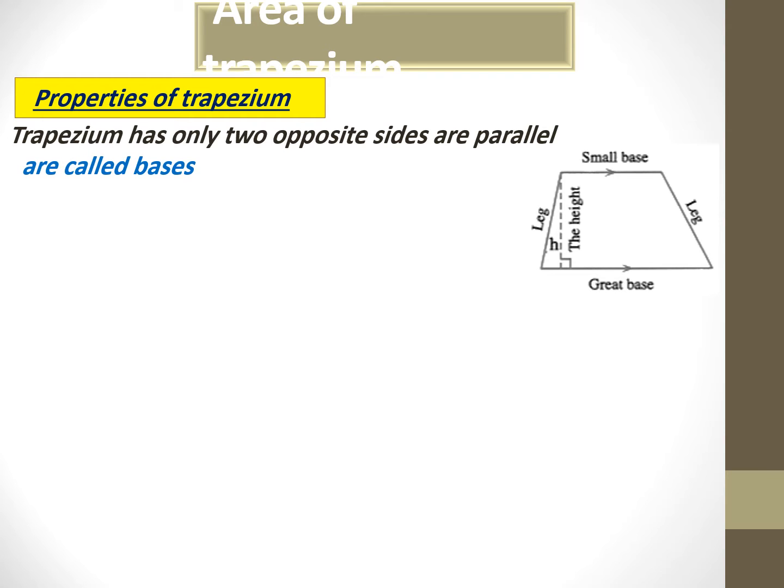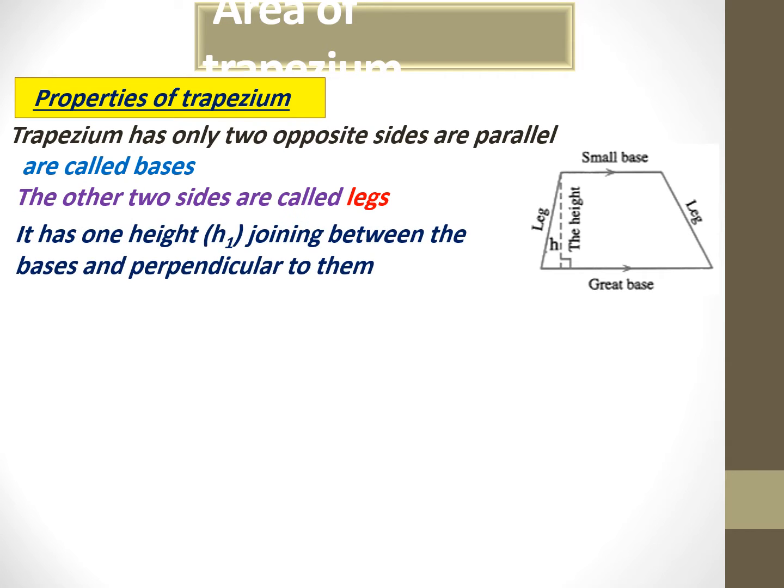Again, the trapezium has only two opposite sides that are parallel and they are called bases. And the other sides are called legs. Then the trapezium consists of two bases and two legs. The trapezium has only one height joining the bases and perpendicular to them.